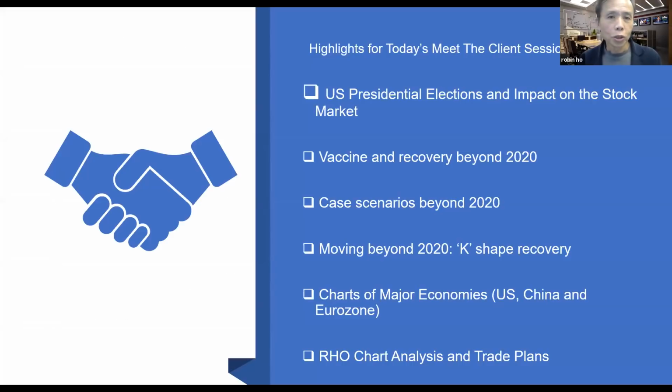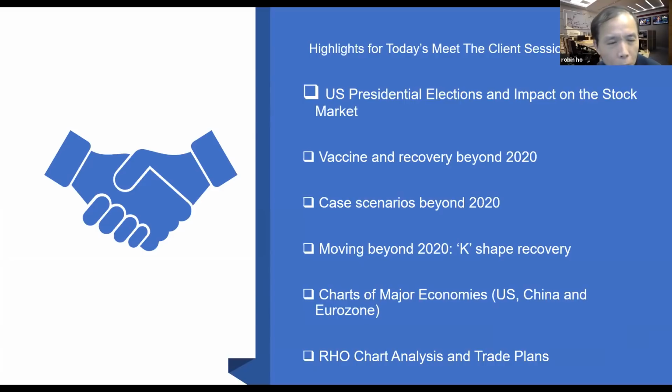All right, so this is what I'm going to cover today. I'll try to cover as much as I can on the US election and its impact on the stock market. It will not be complete if I don't talk about the vaccine, because COVID is also a big issue today. It is a market mover.